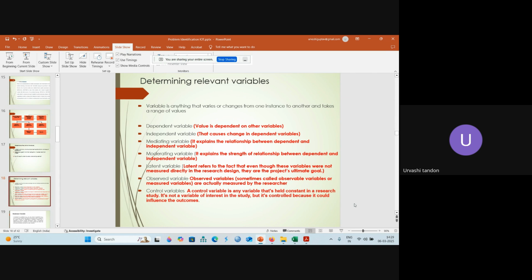Now, another concept is the latent variable. Let's say you go to a movie. That movie itself is nothing, right? The movie is built up of so many things: songs, audio, video, fights, actor, hero, heroine, parents. They all together make one movie, right?